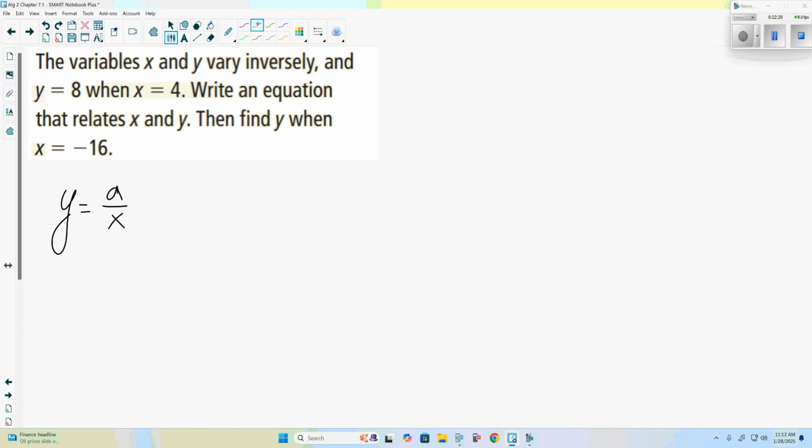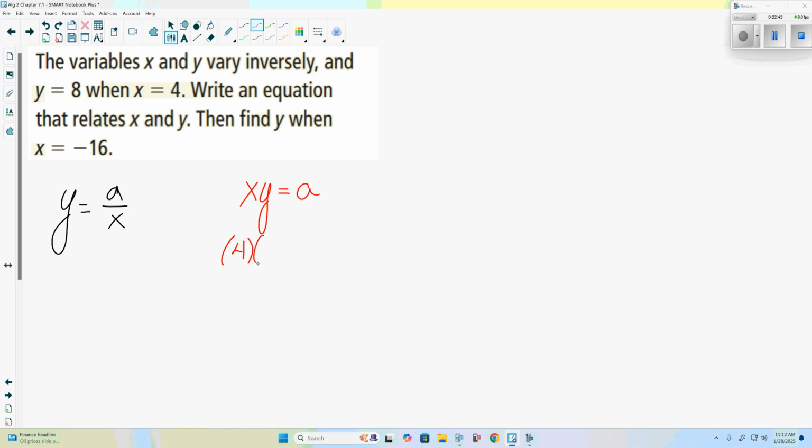Now we could start off again with y equals a over x. Or, I just realized, what's our other equation for inverse that we talked about? x times y equals a, yes? What's the value of x? 4.